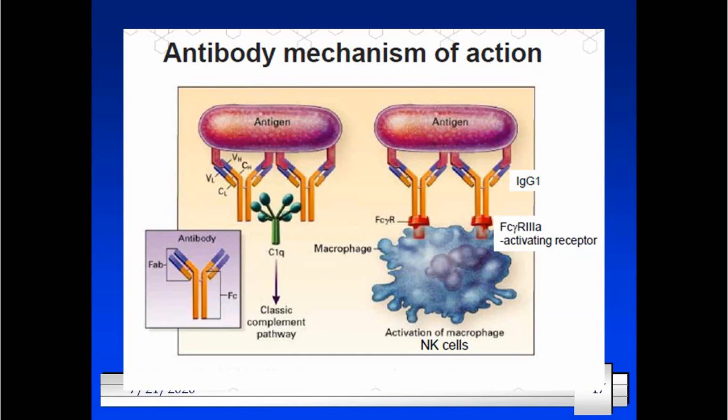The macrophage has a receptor for the antibody. It's called Fc gamma receptor, and these receptors will lead the macrophage to capture the antibody, and by capturing the antibody, the macrophage will activate other cells like natural killer cells.